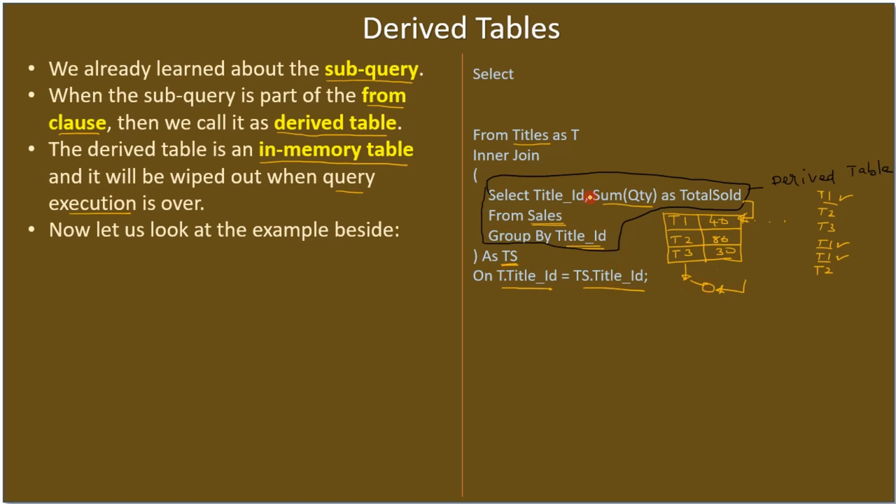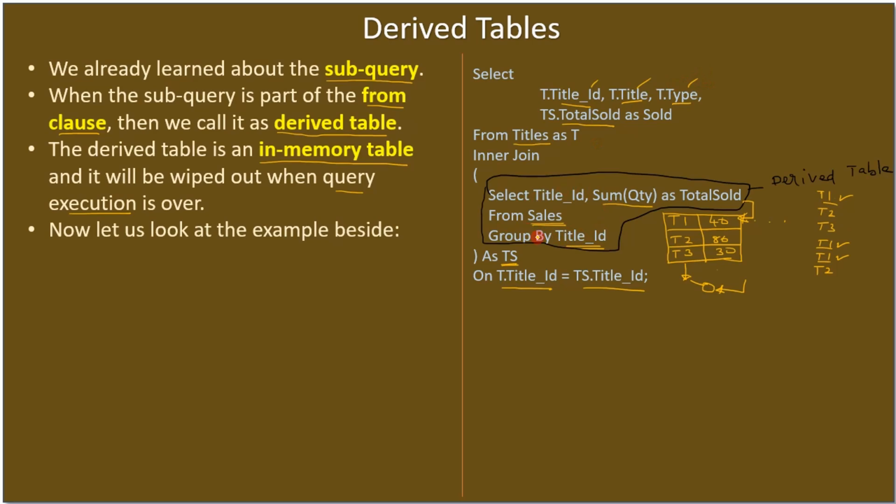Now it will pull all the results, and from that we want only the title ID from the titles table, title from the titles table, type from the titles table, and total sold, which is an aggregate result from our derived table. And if you see here, the aggregate result is displayed along with other columns. So here we are using the title ID, the title, and the type.